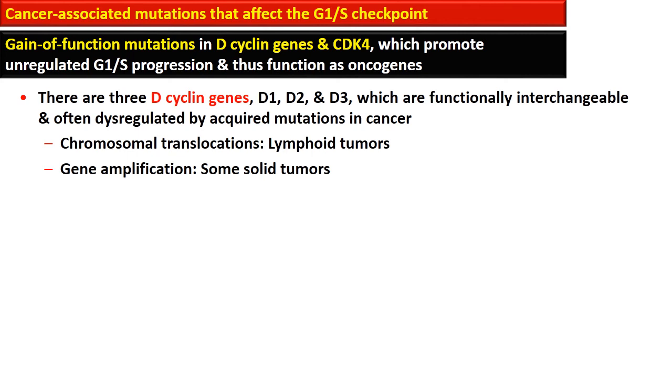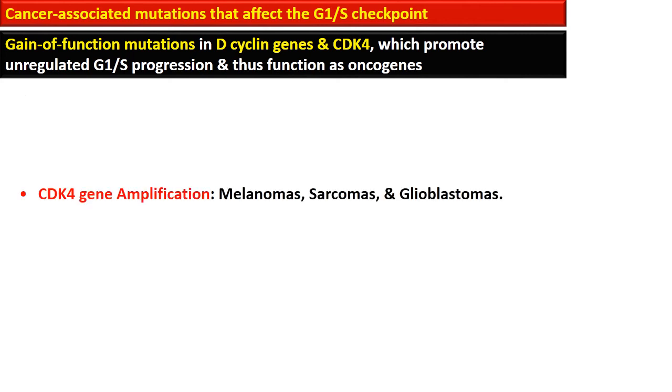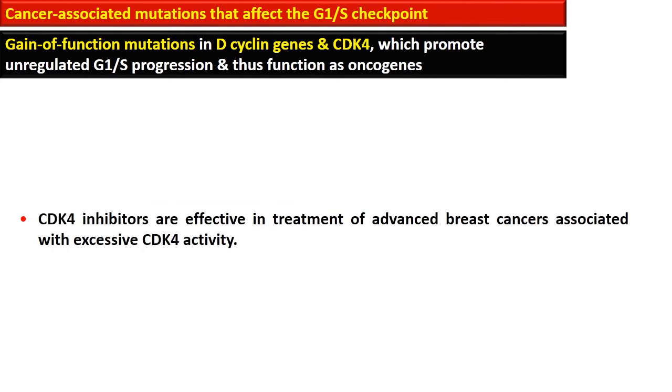There may be chromosomal translocations, such as are seen in the lymphoid tumors. Gene amplification is also seen in some solid tumors. CDK4 gene amplification is associated with melanomas, sarcomas, and glioblastomas, and CDK4 inhibitors are effective in treatment of advanced breast cancer associated with excessive CDK4 activity.